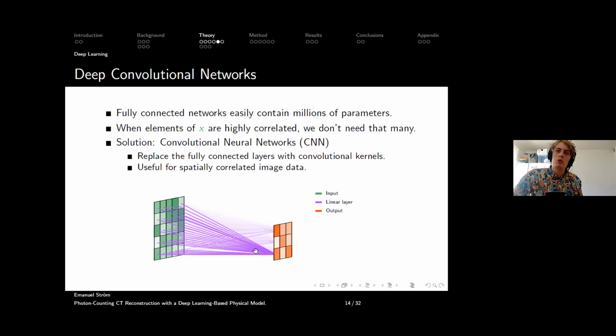But what we can do in a convolutional network is reduce the number of connections to just a limited area of the input image. And so this is very useful when we have spatially correlated image data. And as we'll see later, that's actually the case when we use this deep learning for our physical modeling.